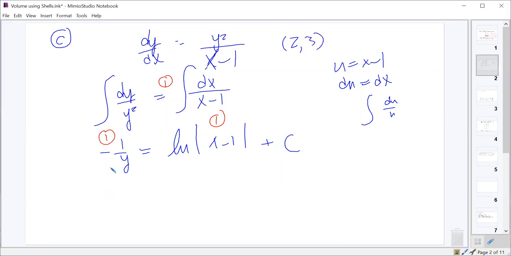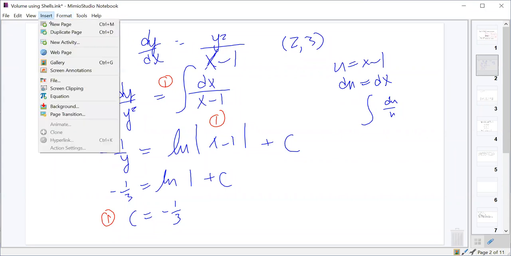So if you plugged in 2, 3 and got -1/3 equals natural log of 1 plus c, or a constant of -1/3, because natural log of 1 is 0, that was a 4th point. And then you just needed to finish solving to get the 5th point.